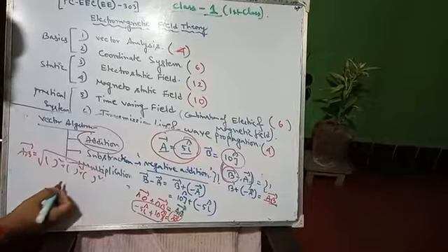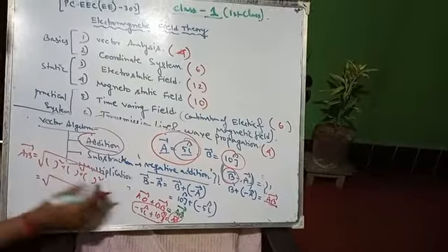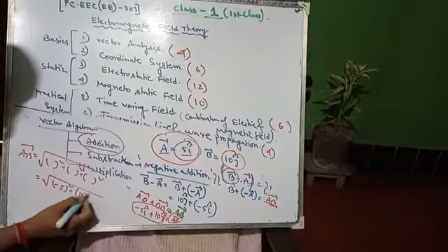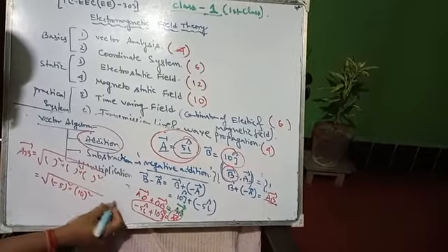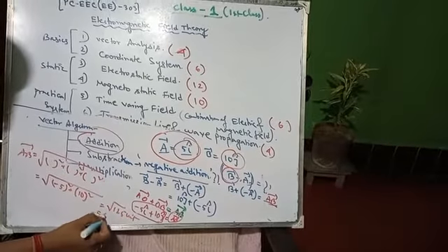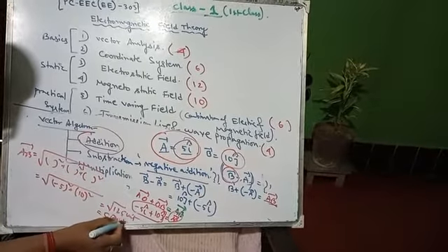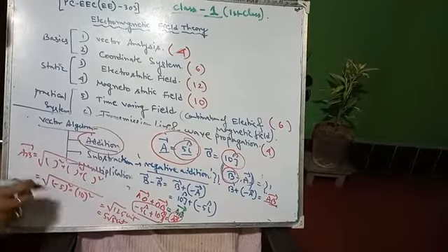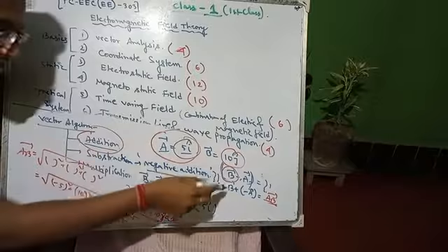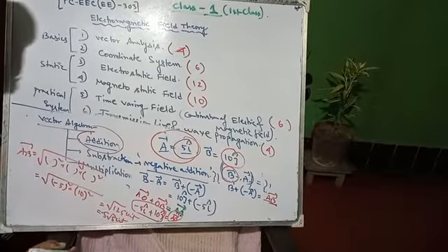Something means minus 5 square plus 10 square plus 0. So root over 125, that is 5 root 5 units. It is very important to remember that whenever you are adding, the magnitude is this one, and whenever you are subtracting, the magnitude is again the same.